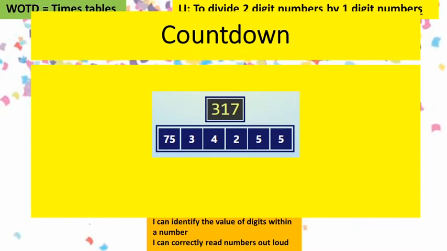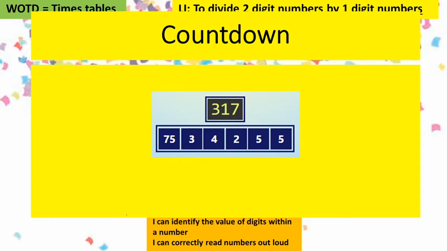Okay, we've got another countdown here. So our target is 317. And remember, we're trying to get either to that number or as close as possible. And some of you might find on your first, second, third attempts that you're not getting that close. But the idea is to keep having a go and trying different things until you reach either that target or quite close.